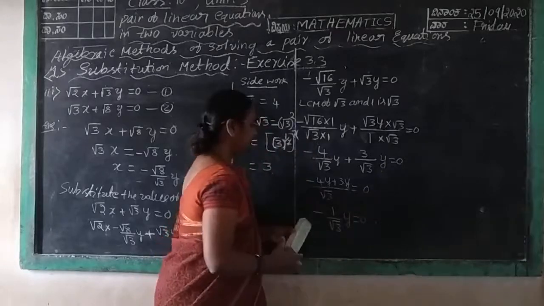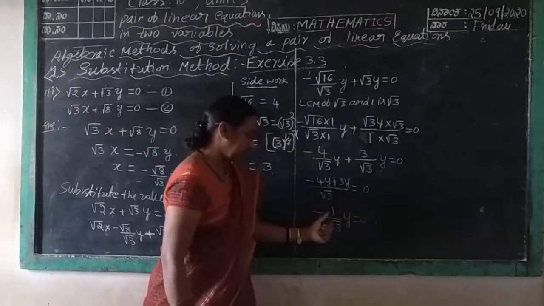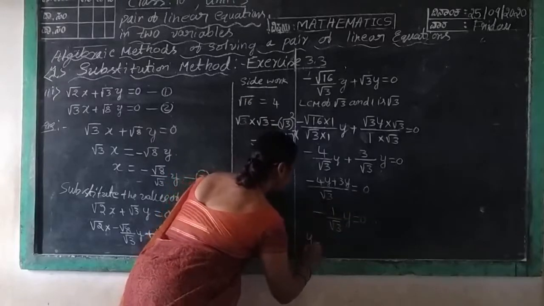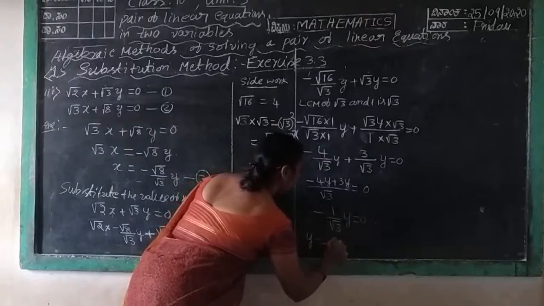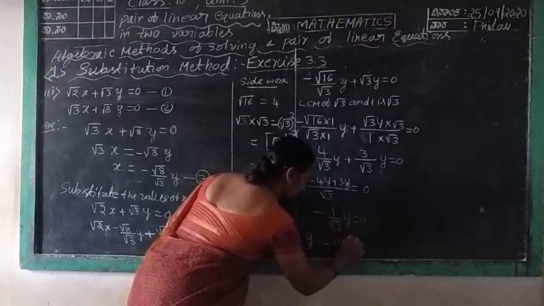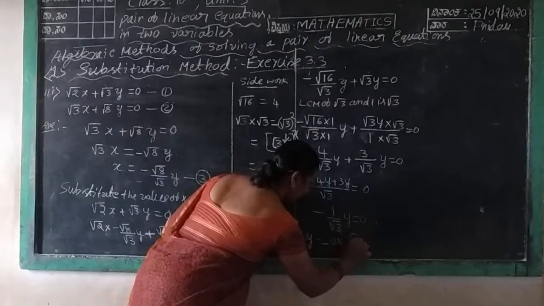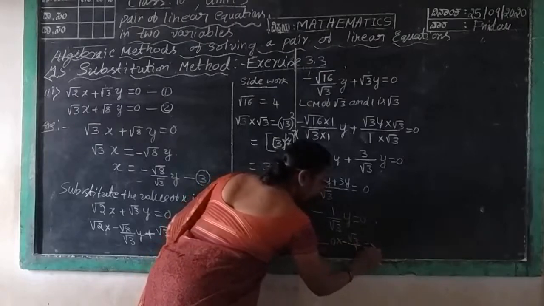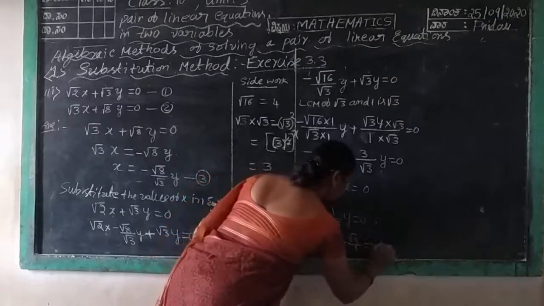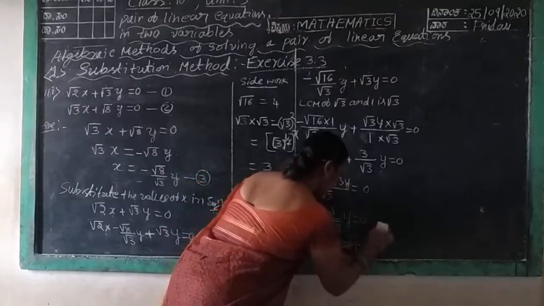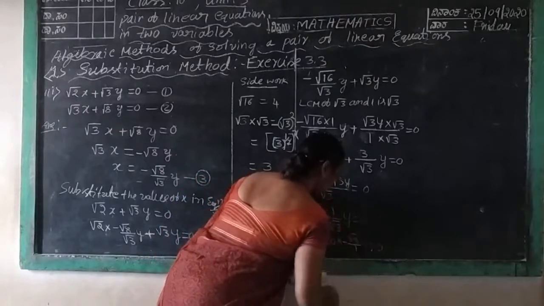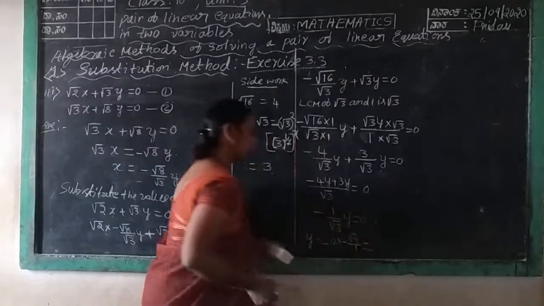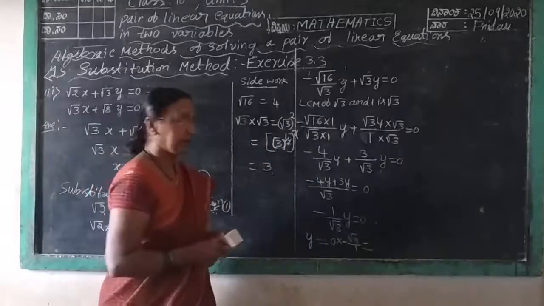Therefore, we transfer the minus 1 by root 3 to the RHS. 0 into, it changes numerator and denominator, so y value is 0, that is equal to 0, because 0 multiplied by any number is 0.